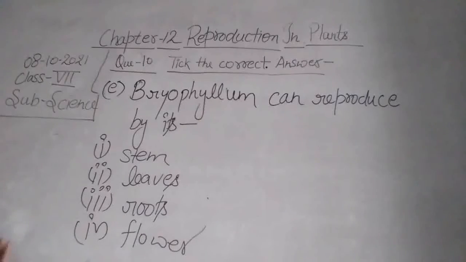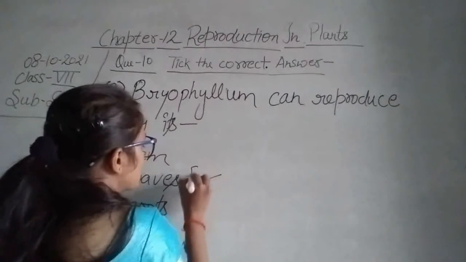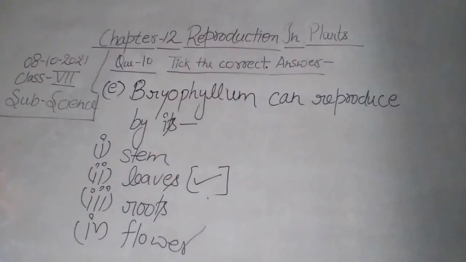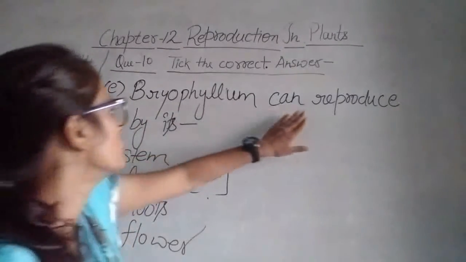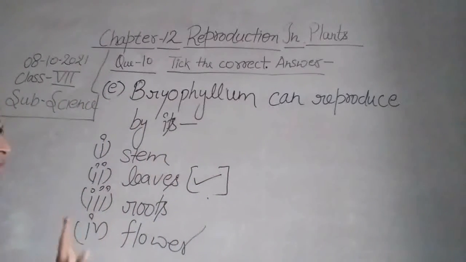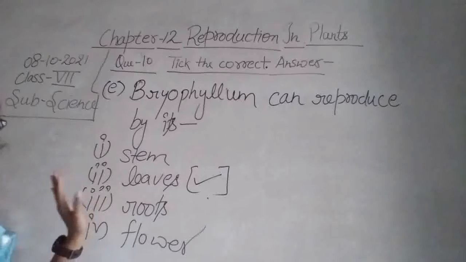Now the right answer is leaves. Bryophyllum can reproduce by its stem, leaves, roots and flower. Answer is leaves.